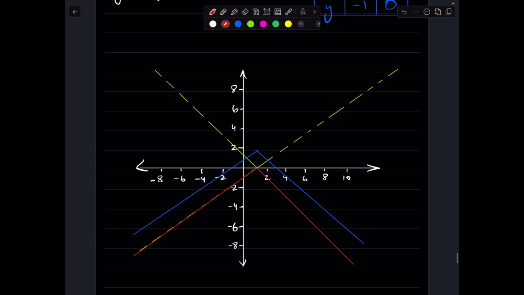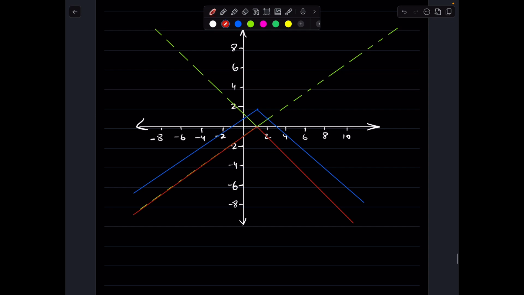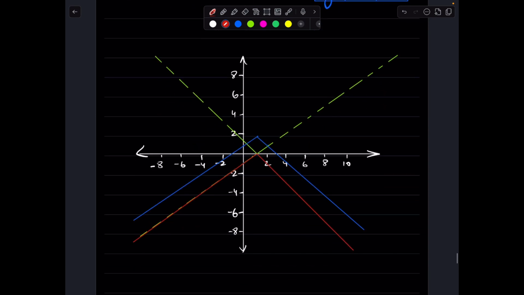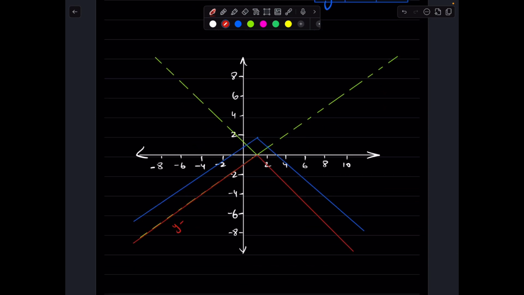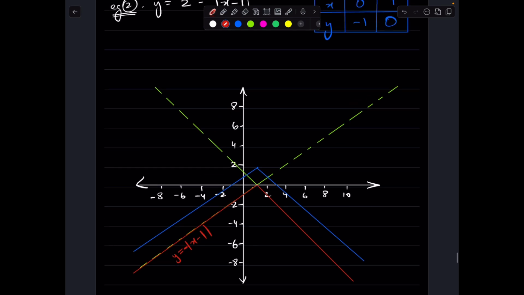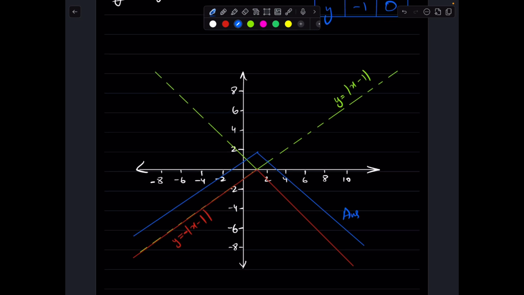And then finally label these intermediate graphs. So the one in red would be y equals minus modulus of x minus 1. And this graph would be the one with yellow, y equals modulus of x minus 1. And the final graph would be labeled as answer and as y equals 2 minus modulus of x minus 1.